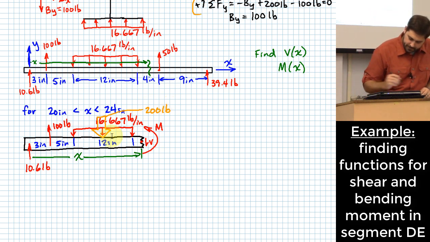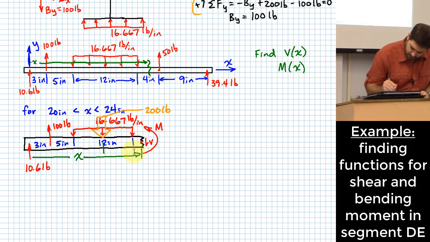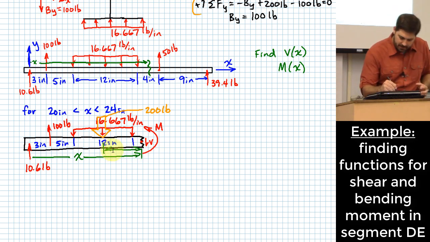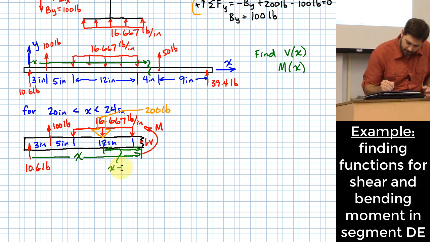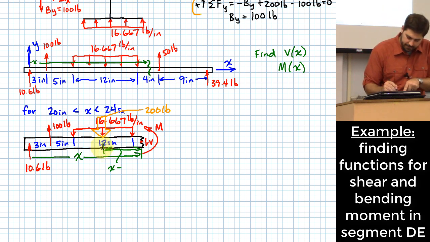And how far is that away from the cut? What it's going to be is x minus 3 plus 5 plus 6, which would be what? 3 plus 5 would be 8, plus 6 would be 14.